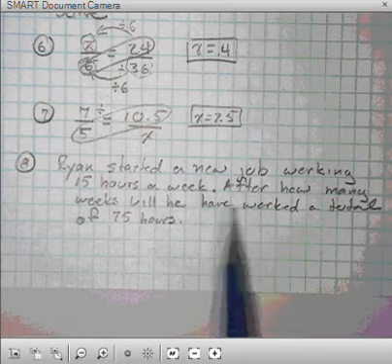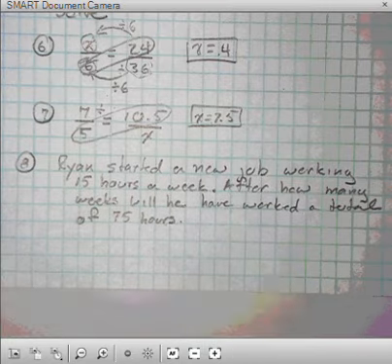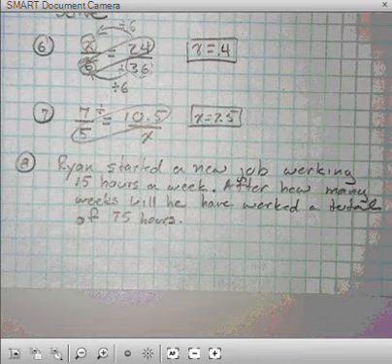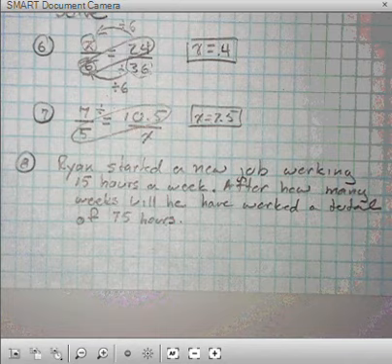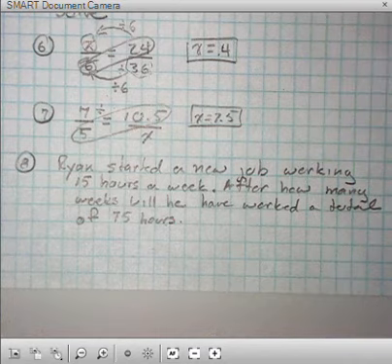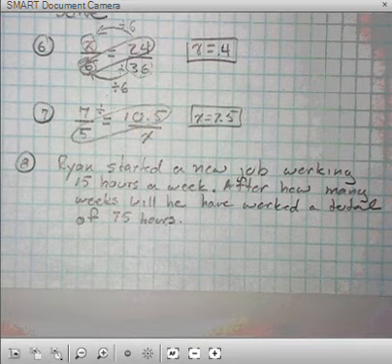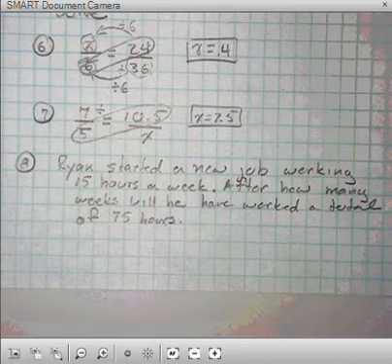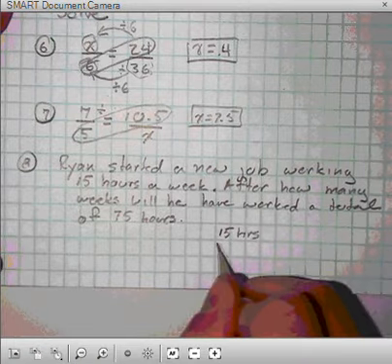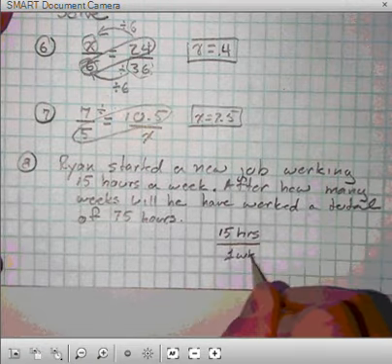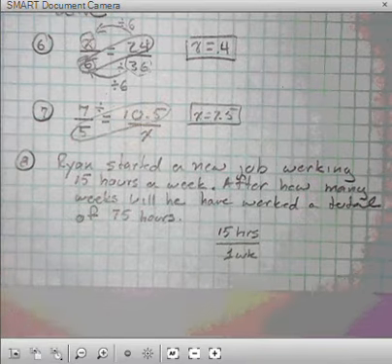After how many weeks will he have worked a total of 75 hours? You're going to start by setting up a ratio. The first thing you're going to do is set up a ratio. I know that he works 15 hours in 1 week. You need to figure out how many weeks will it have been for him to work 75.